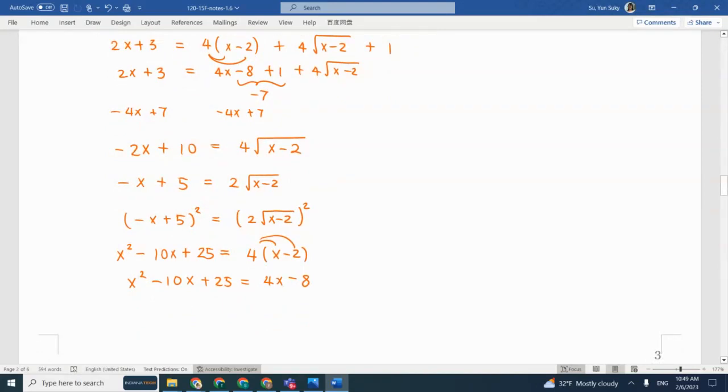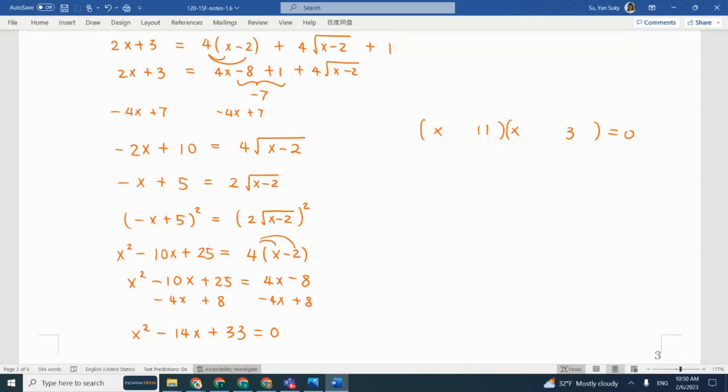Move all terms to one side. See, we have a quadratic equation. So we subtract 4x. And then what? Add the 8. How many x? 14. What's the constant term? 33. Good job. Can we factor it? What are the factors of 33? 11 and 3.